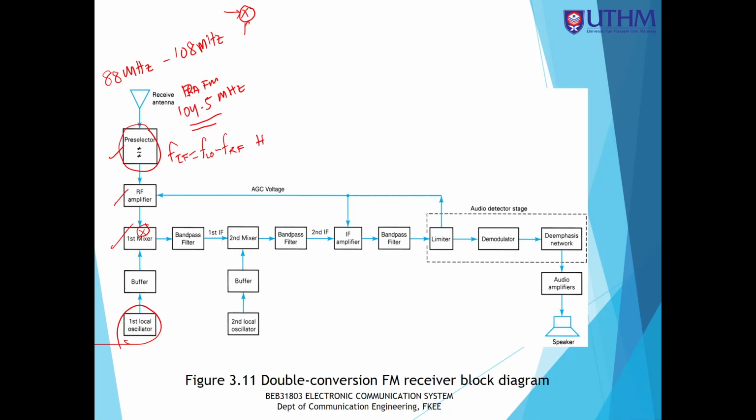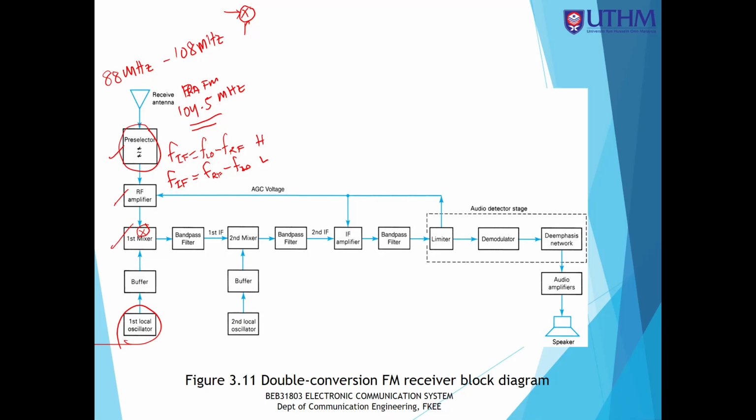And if we use a low side injection, that means the local oscillator frequency is lower than FRF. So we can find the intermediate frequency, which is FRF minus FLO. FRF is the received signal, FLO is the local oscillator frequency. So this is for the low side injection.